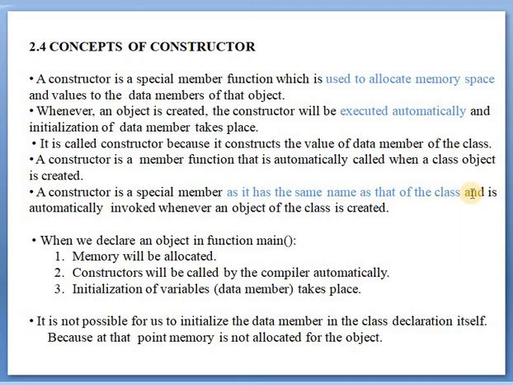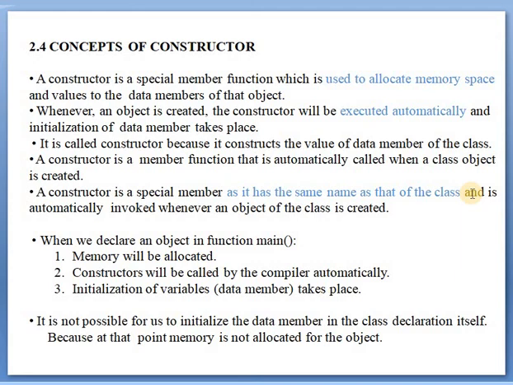A constructor is a special member function which is used to allocate memory space and values to the data members of that object. Whenever an object is created, the constructor will be executed automatically and initialization of data members takes place.